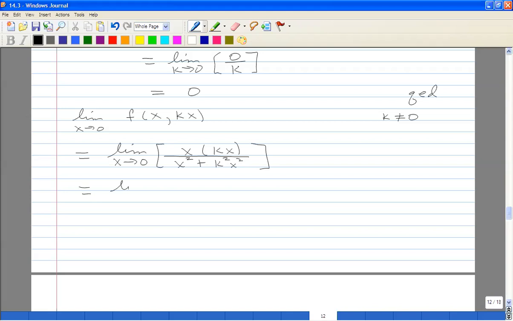So this is the limit as x approaches 0 of x squared times k, let's just write it as k x squared over, factor out x squared, so it'll be x squared times 1 plus k squared. The x squares cancel. So this is the limit as x approaches 0 of k over 1 plus k squared.